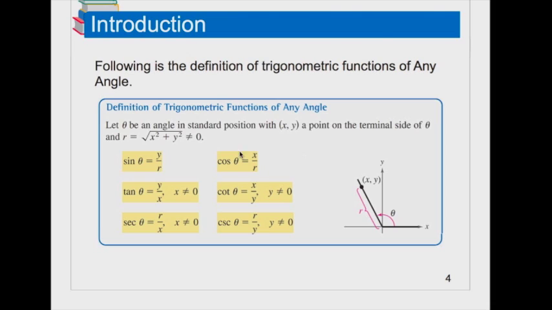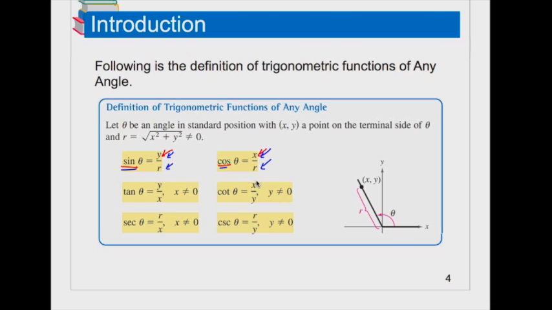Still going by the idea, first off, that sine is related to the y and that cosine is related to the x. However, we also had this idea in the trigonometric lesson that sine was opposite over hypotenuse and that cosine was adjacent over hypotenuse. Okay, so we are blending those two things together.